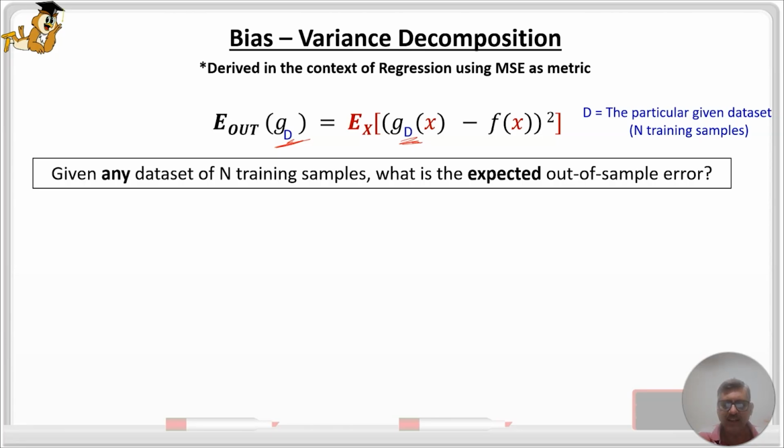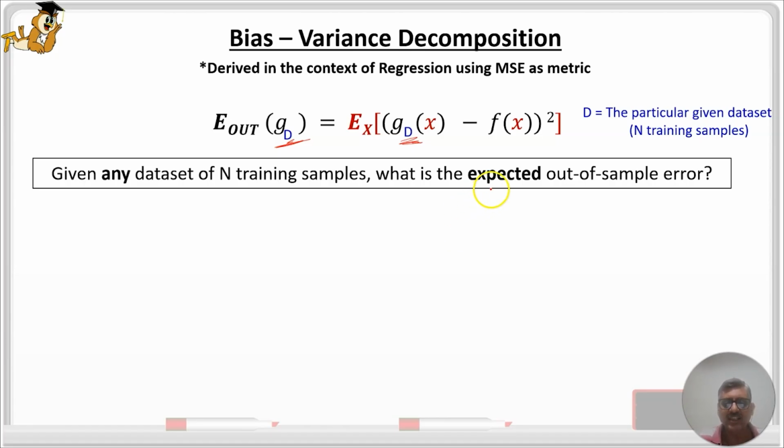Your final answers would depend upon the specific data set that you were given. But if you wanted to draw some conclusions regarding the hypothesis set and the learning algorithm working together, you would have to remove the specificity of the data set out of the equation, and ask the broader question, what is the expected out of sample error given any data set?